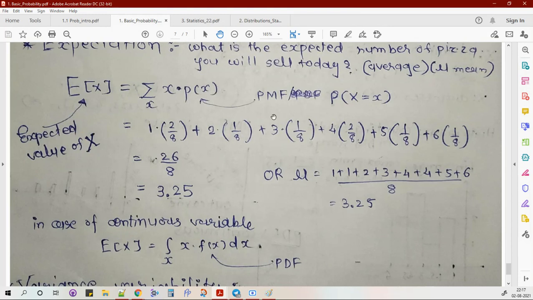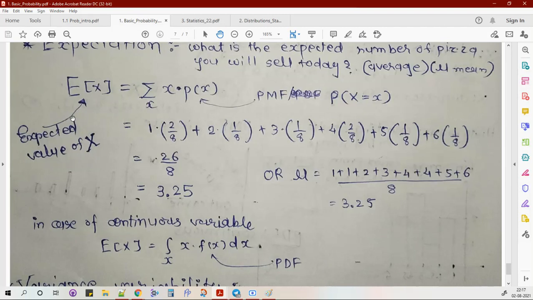But to create more confusion, everyone is writing x p(x) for PDF also. In some formulas or numericals I saw x p(x) written, but the understanding should be there: what should I write here? PDF here, right? Okay, if we work out the math, we get a value of 3.25.